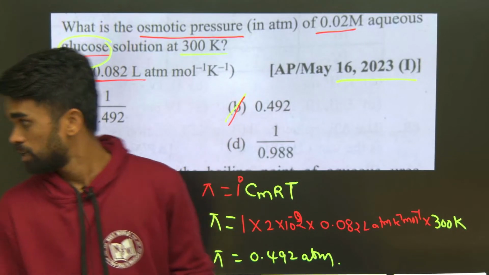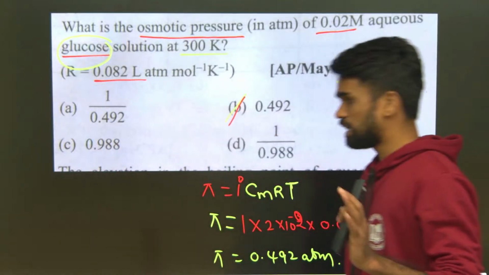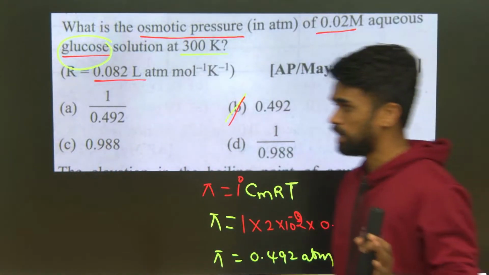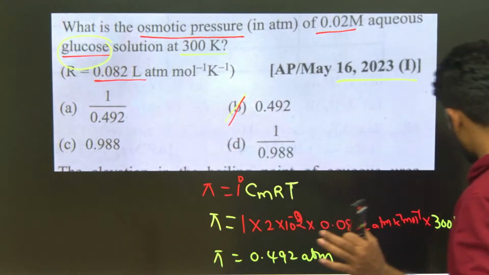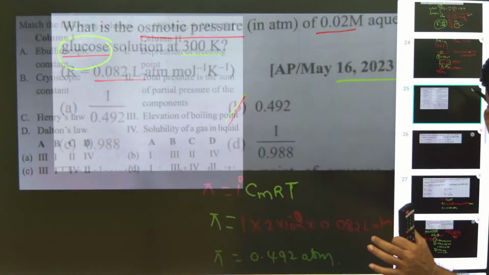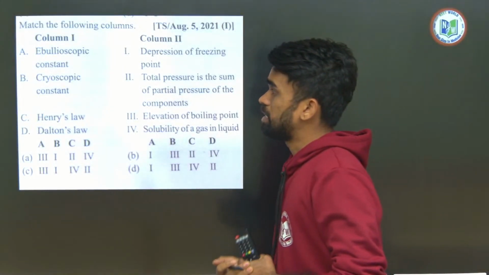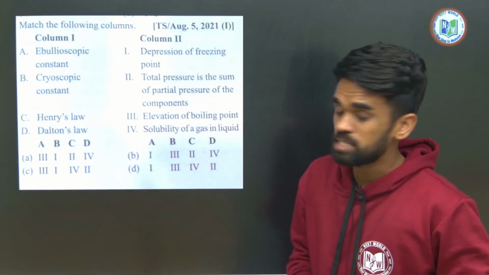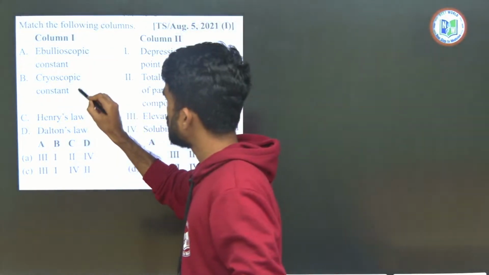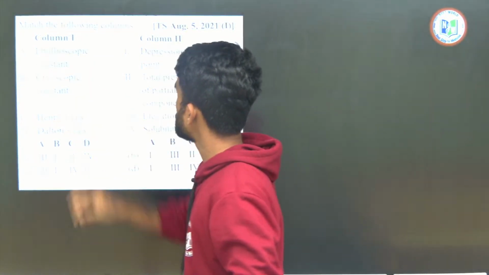Okay, right. I hope everything is going smoothly here. Let me give you one more question. What I told you, there is something called the cryoscopic constant Kf in case of depression in freezing point.